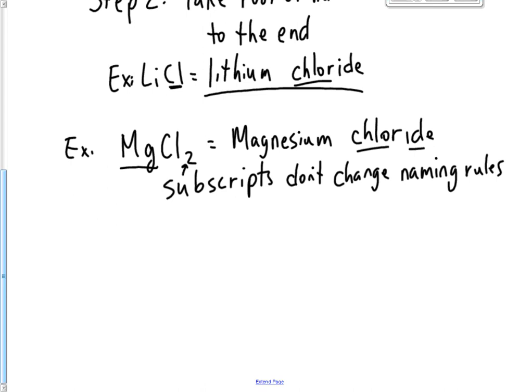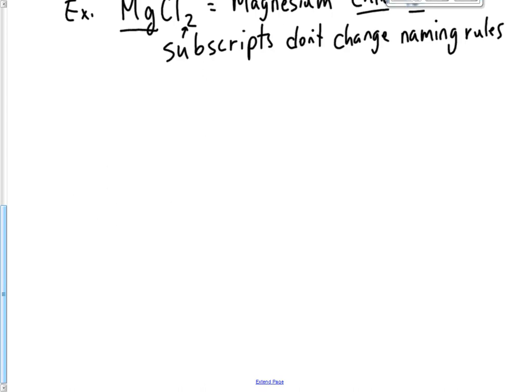Okay, let's do another example. Let's do K3P. And then we'll talk about how we get those subscripts in a second. So K, look it up on your periodic table. K is potassium. P is phosphorus.